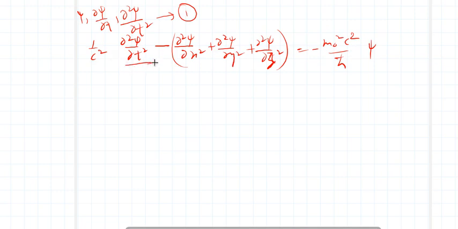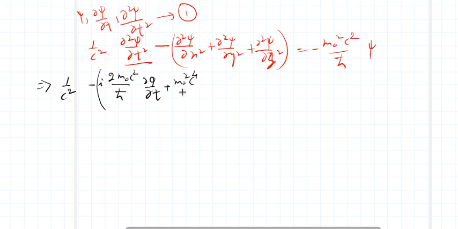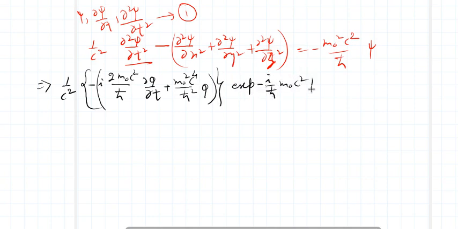So if I use the values of ψ and ∂²ψ/∂t² here, then this equation will be equal to 1 upon c² times minus iota 2m₀c² over ħ ∂φ/∂t plus m₀²c⁴ over ħ² φ, and the exponential of minus iota over ħ m₀c² t.